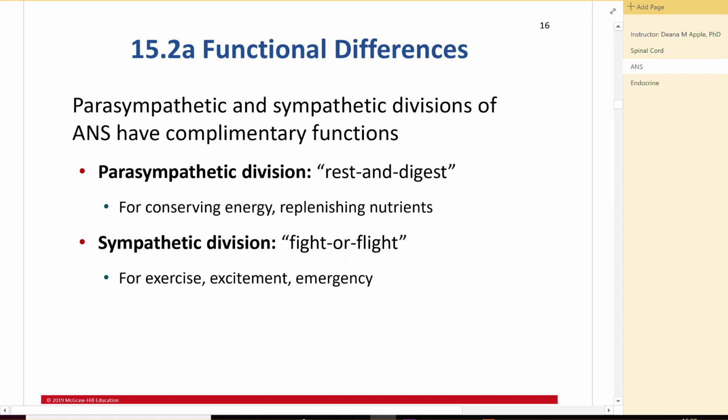All right, so there are some functional differences between the different divisions of the autonomic nervous system. The groups in the back both talked about sympathetic and parasympathetic nervous system. So Blanca, you were talking about sympathetic and parasympathetic. Parasympathetic was rest and digest. These are energy conserving things. These are the things that are going to allow you to extract energy through your digestive system. It's going to allow you to relax. These are the restorative things. So sleep is part of parasympathetic.